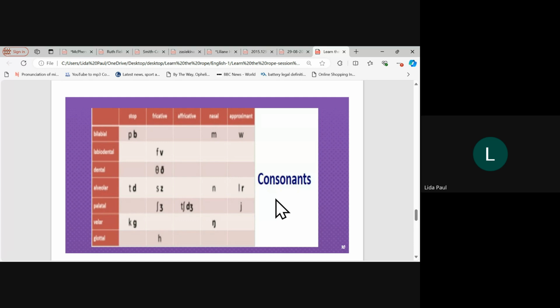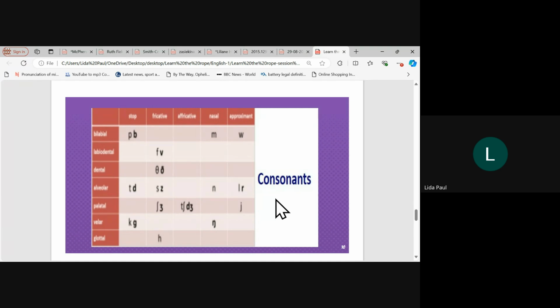So about stops, what happens? When you're trying to produce these speech sounds, the air for a short while is trapped in your oral cavity. T, d, or p, b. It's more clear in sounds like p and b. For a very small fraction of a second, the air is trapped in your oral cavity, and then it is released.